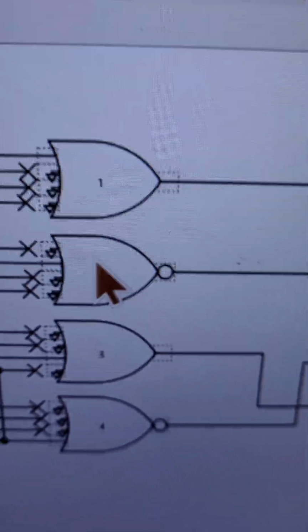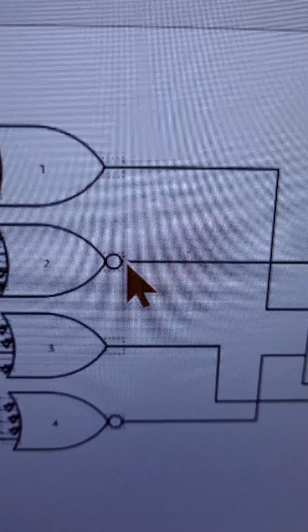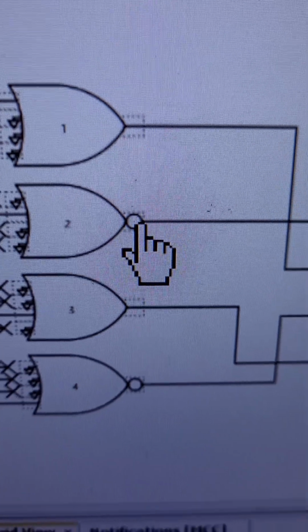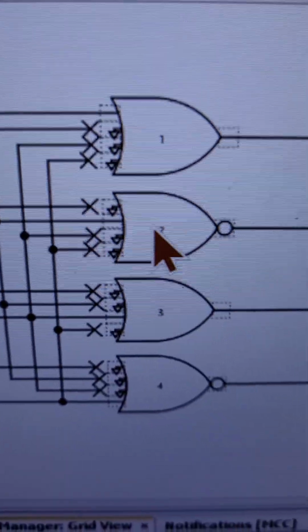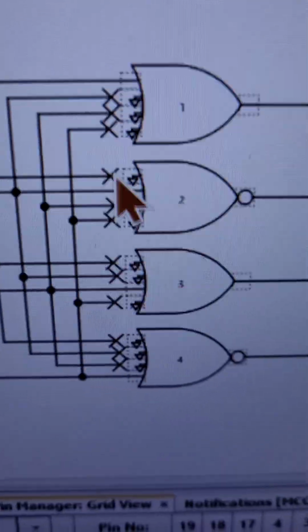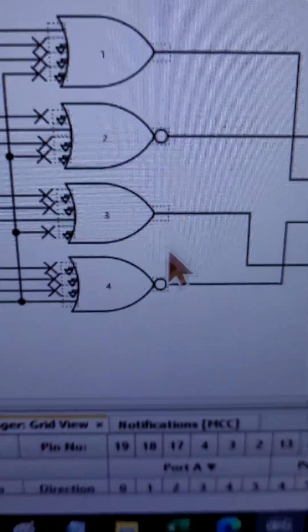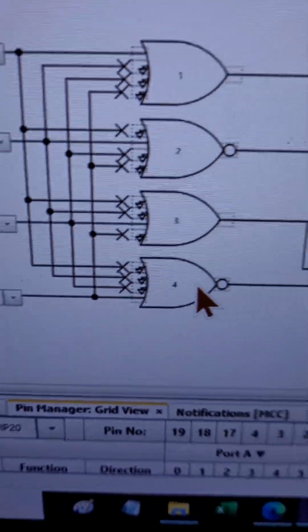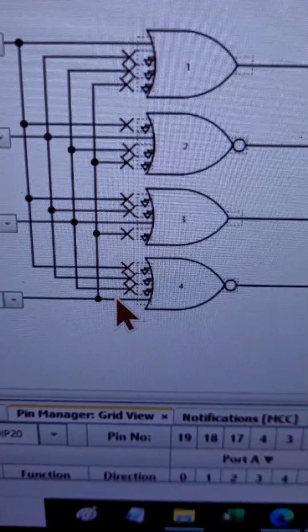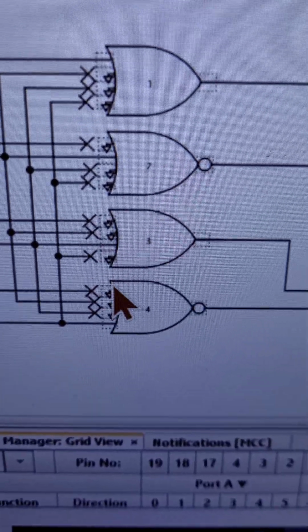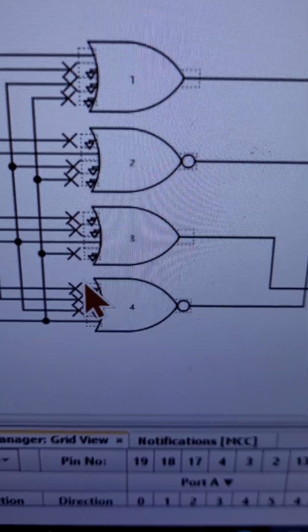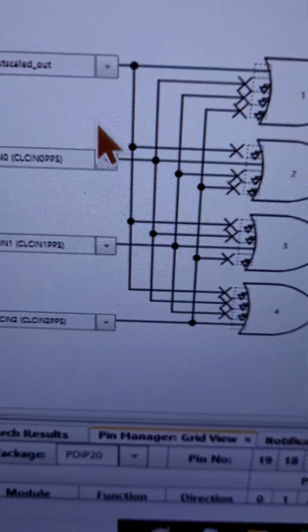By changing it to NOR, I now have an output of high, because all the inputs here are low, so if I invert it, the output becomes high. The same for this one: all inputs are low, and I disconnected them just by clicking here. By clicking, we connect and disconnect those connections.